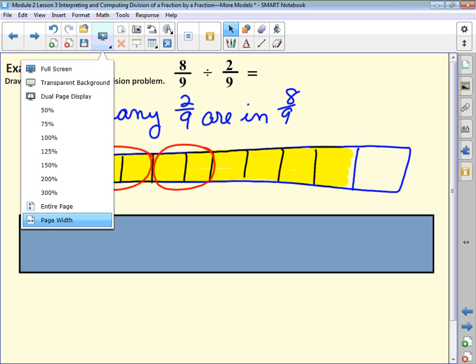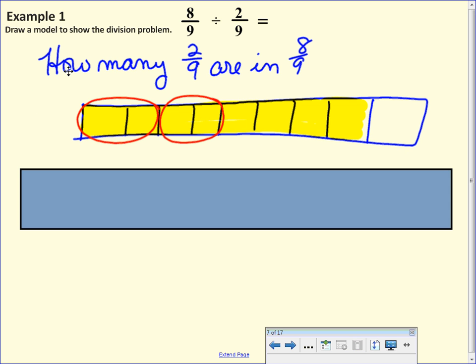Okay, let's get back on track now. Here is a group of 2/9, and here is a group of 2/9. Does everybody see what I did? I took my 8/9 and I pulled out groups of 2/9. So how many groups are there? 4.